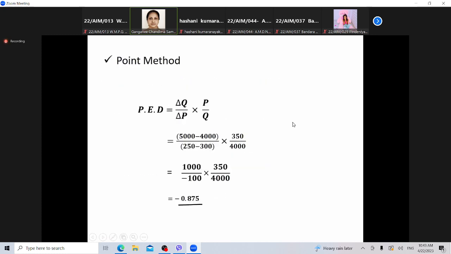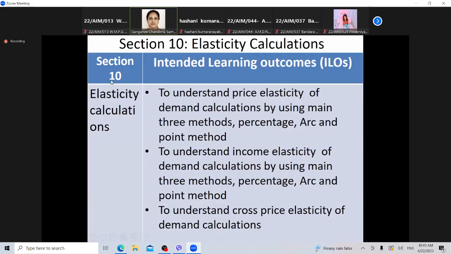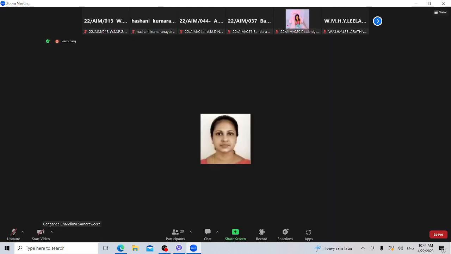So please practice these calculations, because this is the only section where you have many calculations. Elasticity. So understand the basics and understand the equation, why it comes, the logic. Then you can do any type of calculation. Okay, then I'll stop for today.